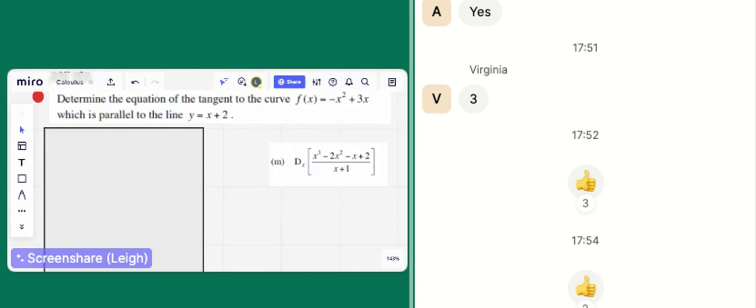Virginia, would you know what to do here? I mean, if you were asked to derive y with respect to x, do you know what to do with that numerator? Ma'am, I think is it factorize? You are going to factorize.